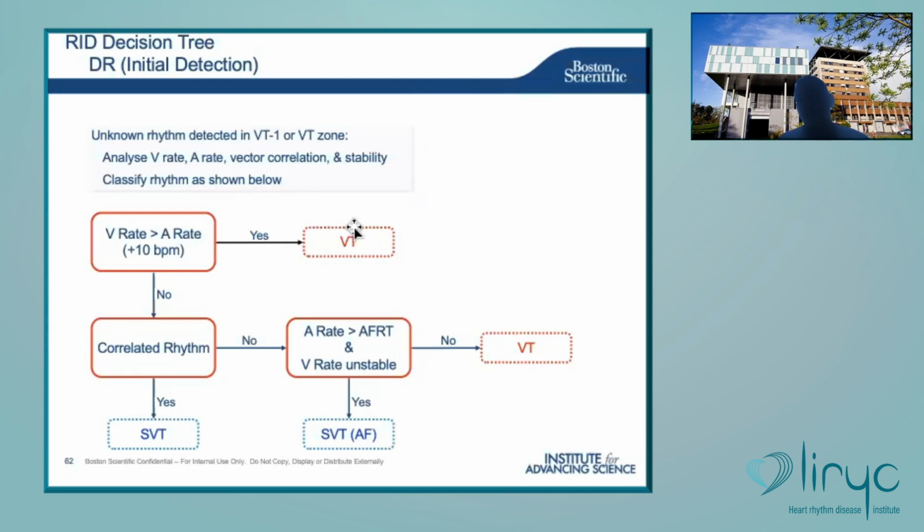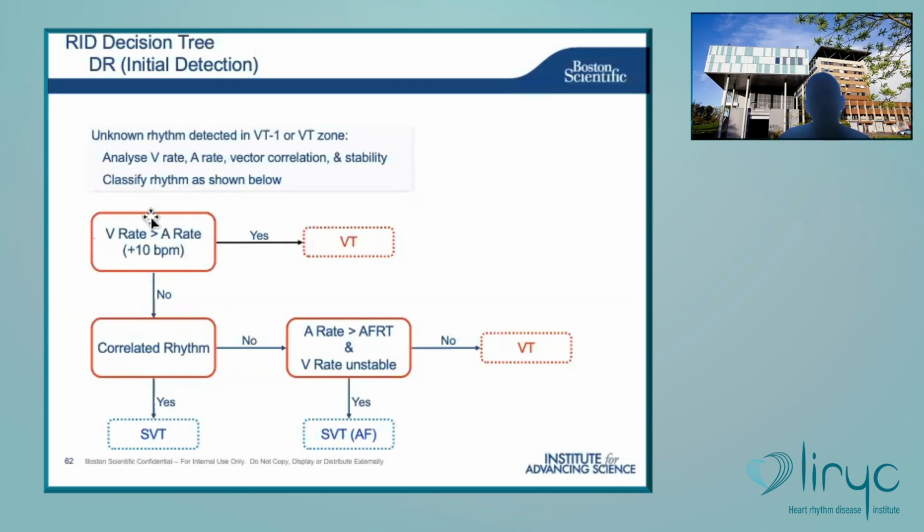In ventricular tachycardia, in something like 80% of the cases, the ventricular rate is faster than the atrial rate. So if it works correctly, you will properly discriminate initially just this 80% of the ventricular tachycardia.